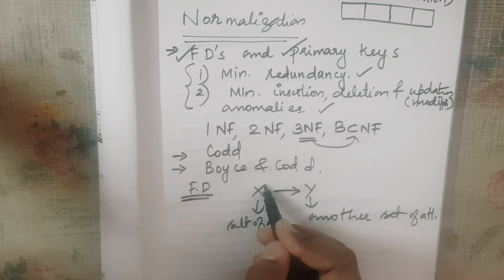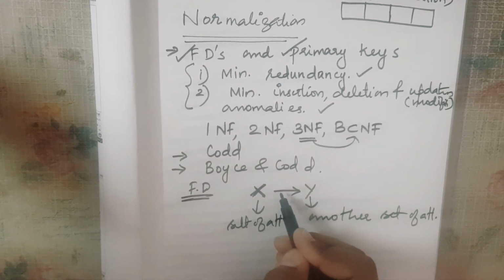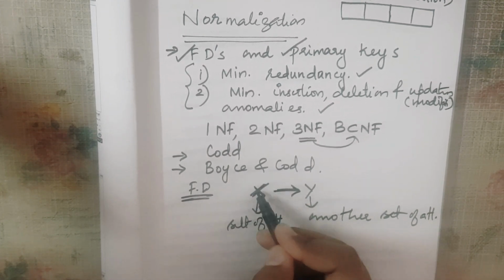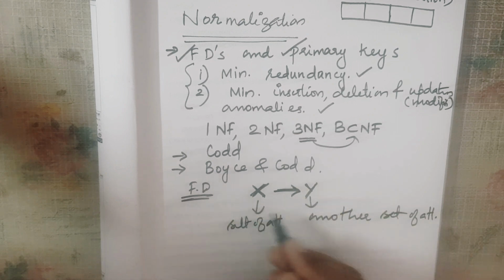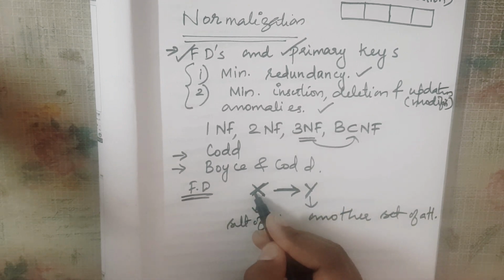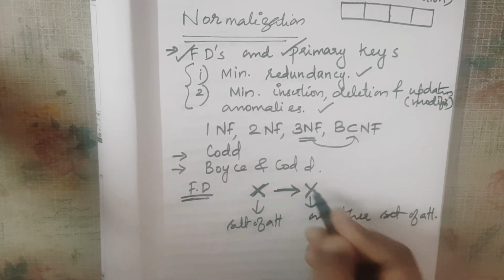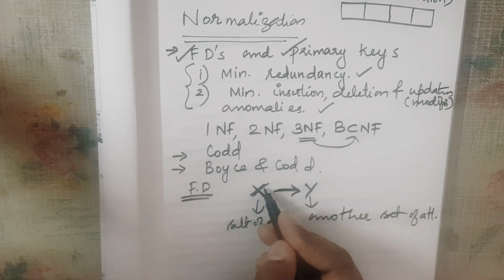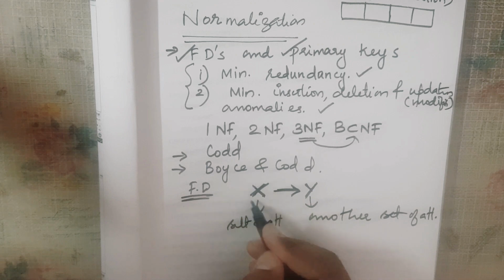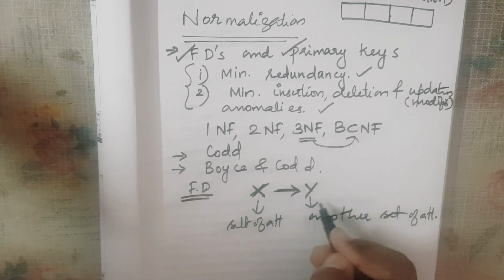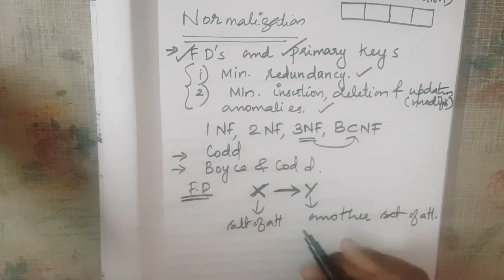We read it as: the value of X attributes determines the value of Y attributes, or X uniquely determines Y, or Y is determined by X. That means the values of X attributes determine the values of the Y set of attributes.